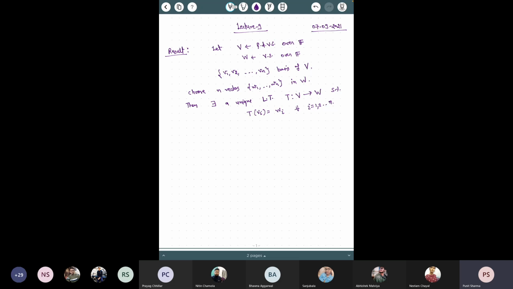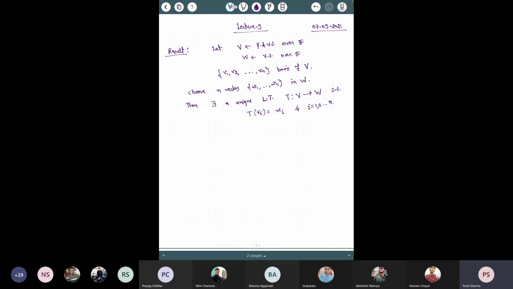Using this result, we can actually find linear transformations of our use. For example, suppose V and W are two vector spaces, and I give you a subspace of V, and I ask you to define a linear transformation from V to W such that the null space or the kernel of T is equal to that given subspace.